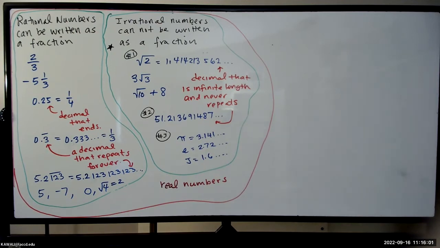Now I gave you some homework. Let's take a look at that homework. So let's pop that up and let's do some of them together. So this is the types of numbers. And remember, do all the homework and then send it to me. Don't send it to me in bits and pieces.